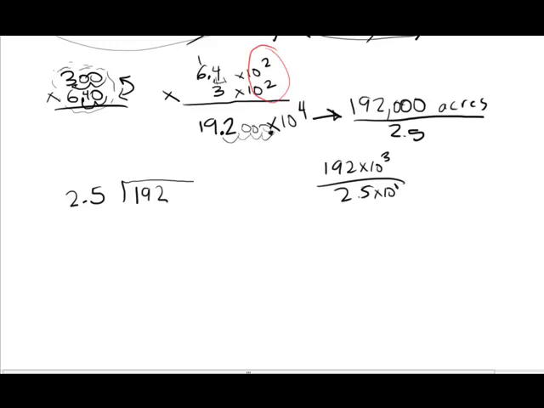When you're dividing, you can subtract exponents, so 3 minus 0 means the answer is going to be something times 10 to the 3. Let's try to figure it out. I'm going to start with the 19 here, and I'm going to guess 7 and see if that fits in. 7 times 5 is 35, carry the 3. 7 times 2 is 14, plus the 3 is 17.